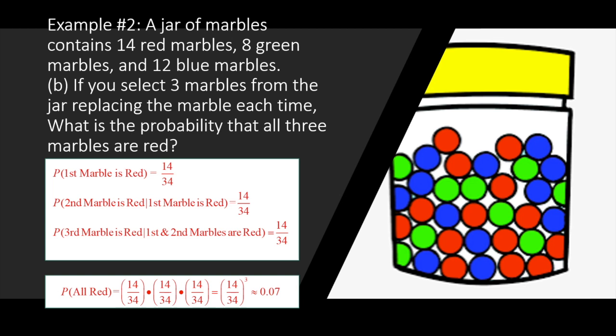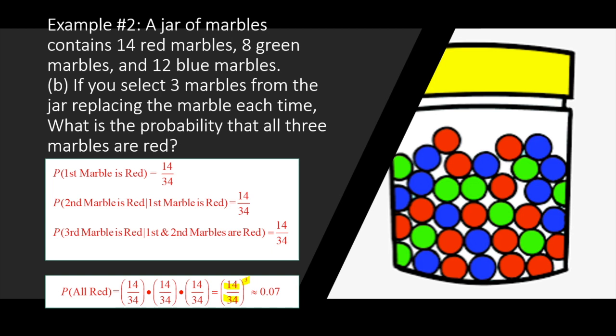So we have a greater chance of getting 3 red marbles, or a red marble 3 different times, is how to think of this problem really, if we've replaced it each time, than we do if we're taking a marble out of the jar each time, which makes sense logically if you think about it. When you have problems like this, when you have with replacement, you can take the probability of the event, drawing a red marble, 14 out of 34, and you'll see it sometimes written like this, where it's 14 out of 34 raised to the third power.